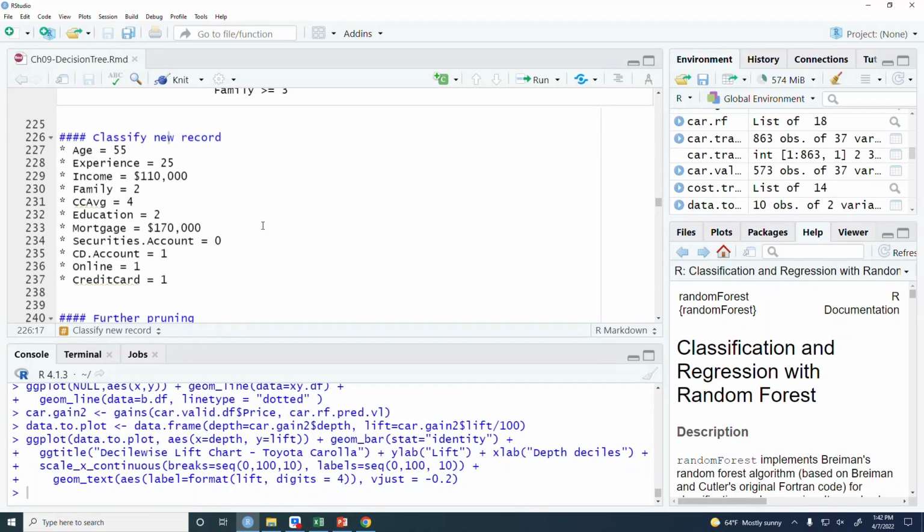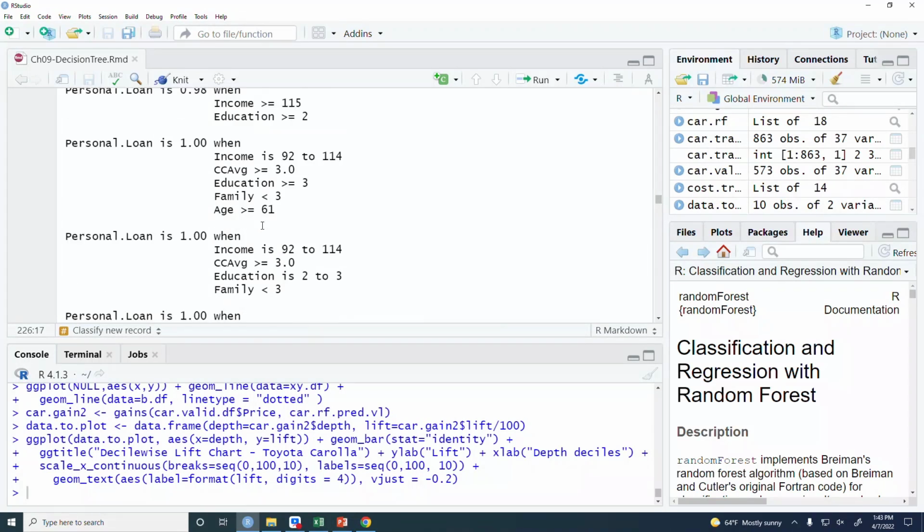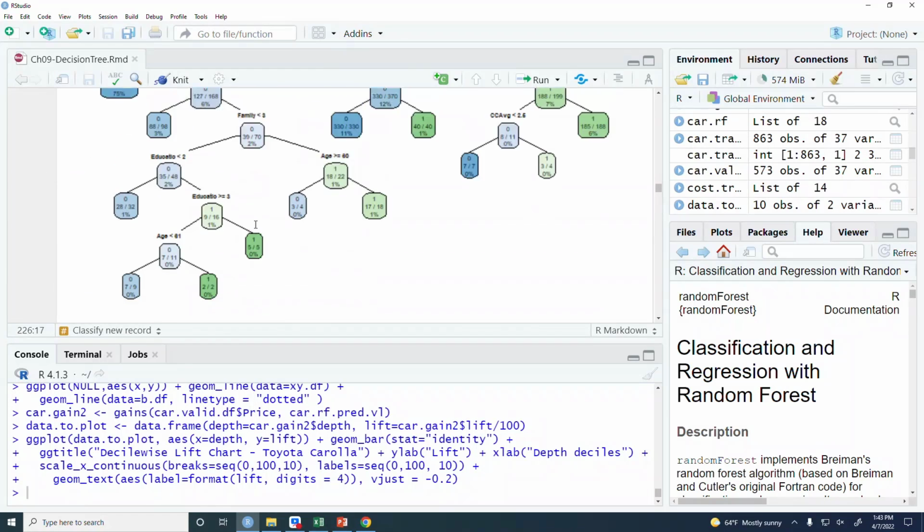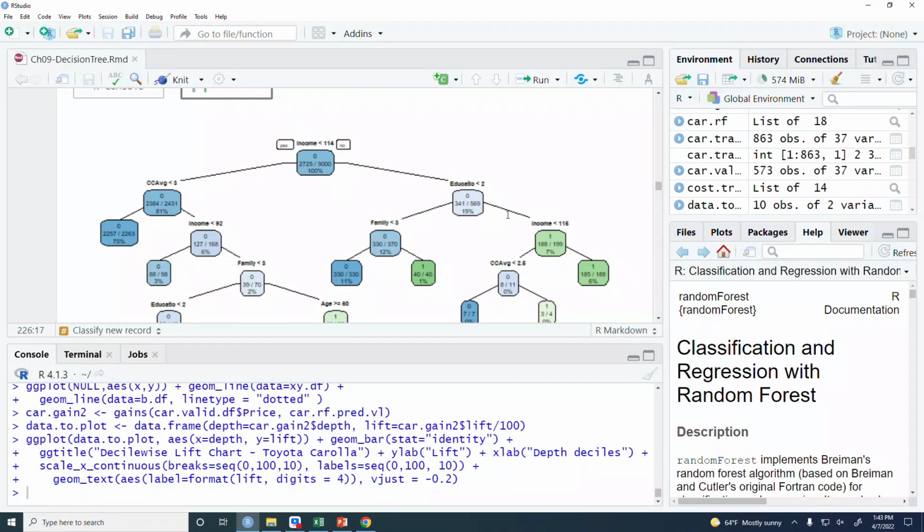If a new case comes in with these values for the predictors, sometimes we may not use some of the predictors, which is fine. With these as the values for the new predictor, how do you use the decision tree to come up with a classification? We can look at the tree, which is right here.